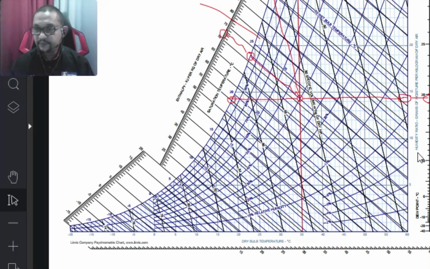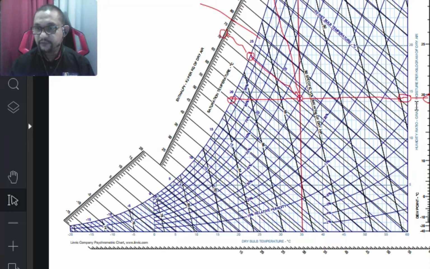The specific humidity is in the unit of gram of moisture per kilogram of dry air. When you see here, the value is about 14.2.